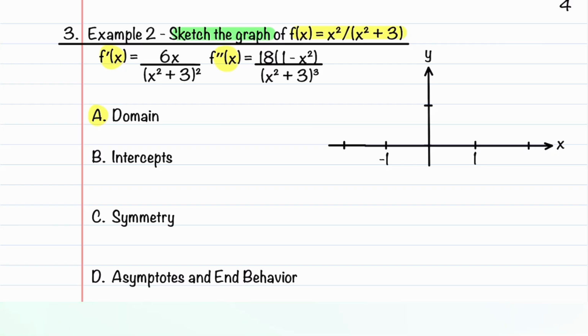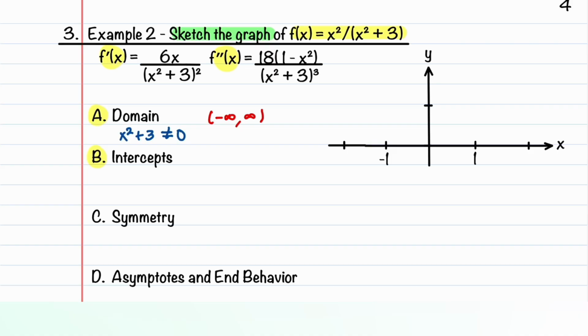We have to check if the denominator is equal to 0 because we have a rational function. X squared plus 3 cannot ever be equal to 0 because of the x squared term. So for the domain, it's going to be all values of x. So let's write down -infinity to infinity.